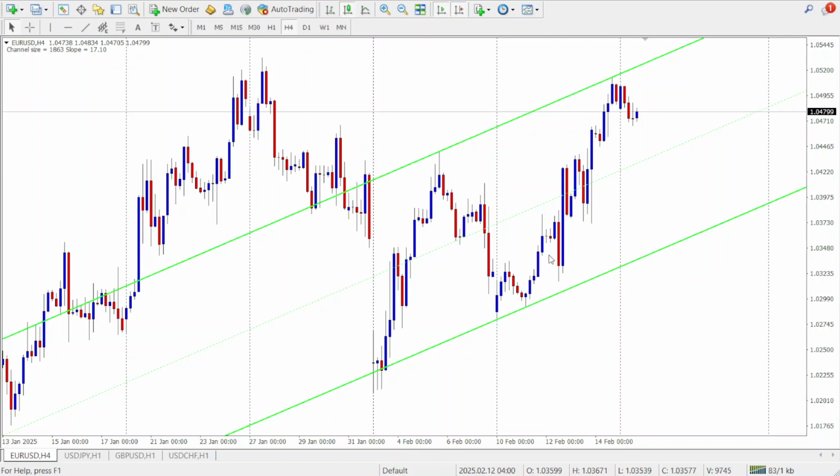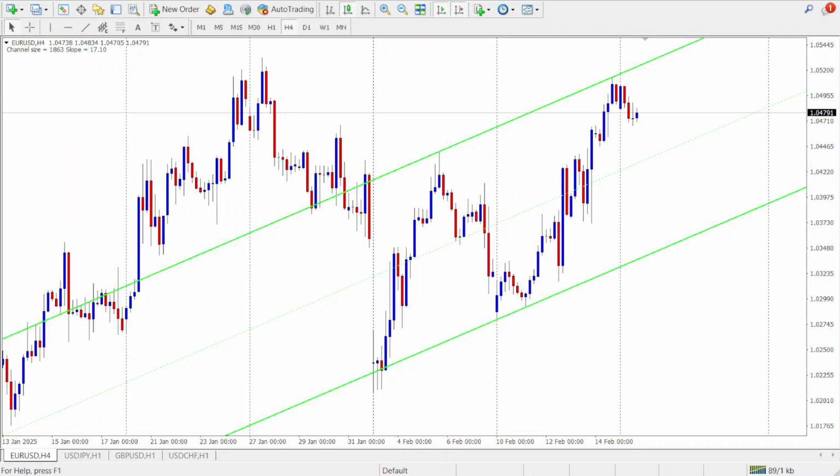This makes it perfect for spotting trend continuations, reversals, and pullback opportunities without having to constantly redraw lines yourself. So instead of spending time adjusting trend lines manually, this indicator automates the process, allowing you to focus on actual trading decisions instead of charting.